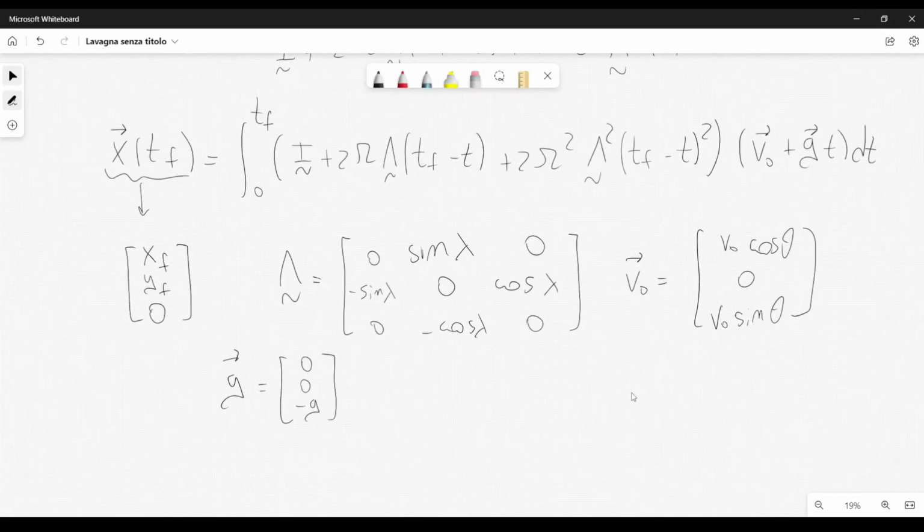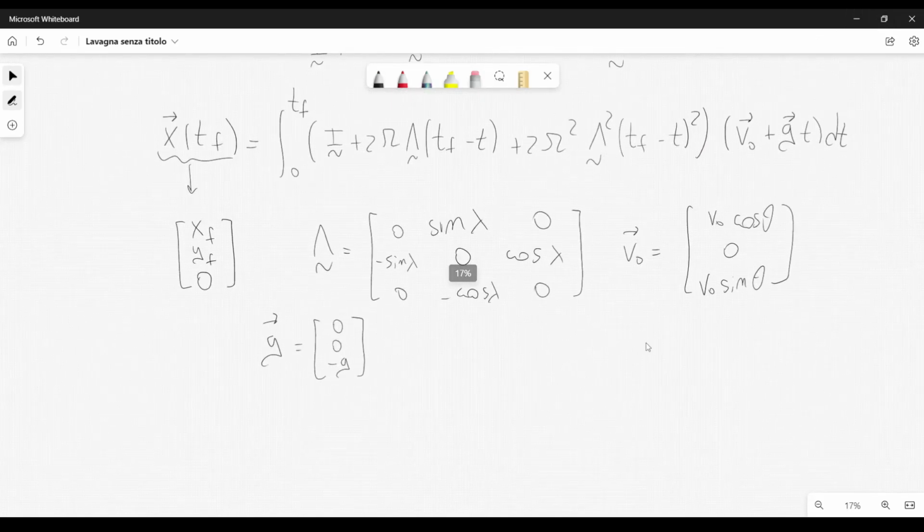And if you didn't consider the perturbations, these terms here would be 0, this one and this one. So in the case of the unperturbed problem, which means that if we didn't consider the Coriolis force, we would have this problem here, x, let's call it x prime. So this prime here means that if we neglected the Coriolis force at time tf, this would be integral from 0 to tf of the matrix I, so this is the identity matrix.